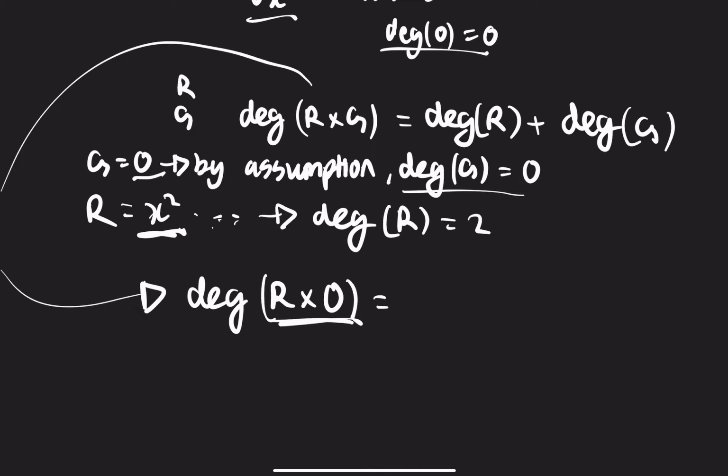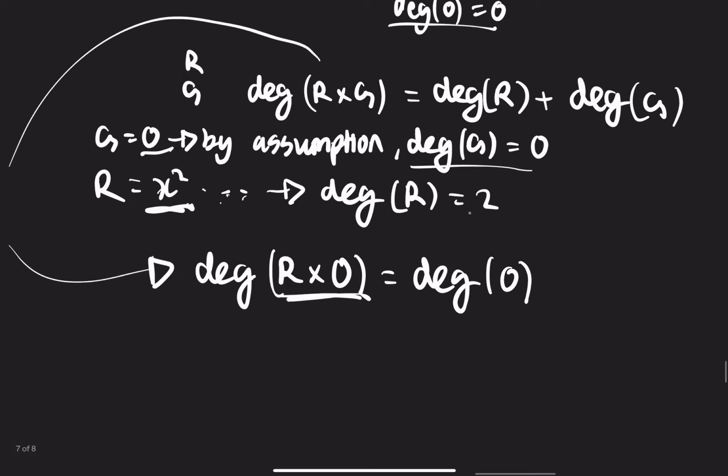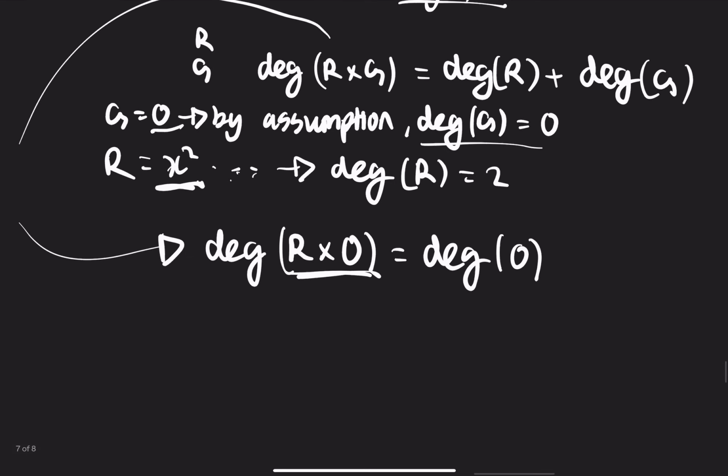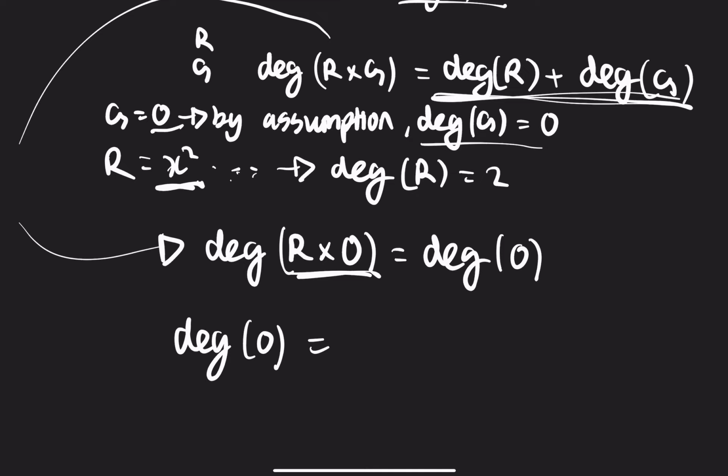Anything times 0 is 0. So this is equal to the degree of 0. So by that logic, if we know that the degree of r times g is the degree of 0, then we can say that degree of 0 is equal to this thing here, which is equal to the degree of r, which we've said is 2, plus the degree of g, which we've assumed is 0.